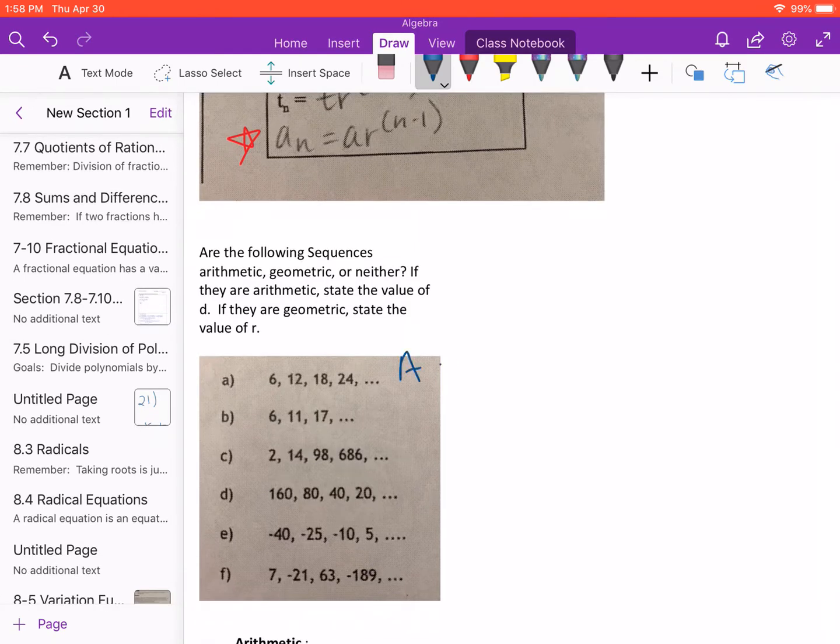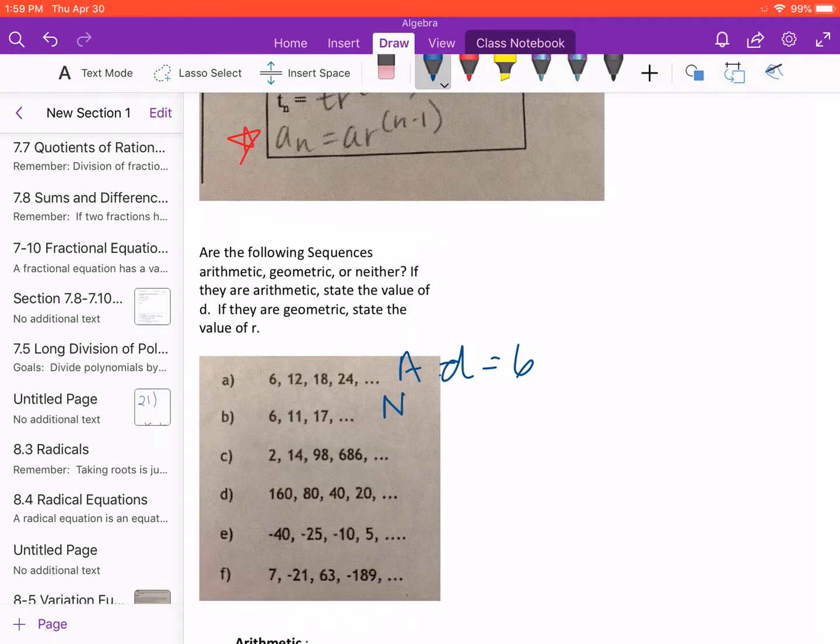So this one is arithmetic, and our D is going to be equal to 6. 6, 11, 17. Well, 6 to 11 is not quite 6, that's 5, and 11 to 17, but there's really no number pattern there that we can figure out. It's not a difference or a ratio, so that would be neither.